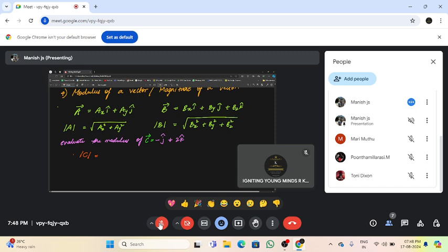Obviously you take the square root and then you will have to substitute the values. So who can tell me what is cx here? That is the x component of vector c. Look at the given vector carefully, analyze, and then try to interpret. So what is the x component of vector c?